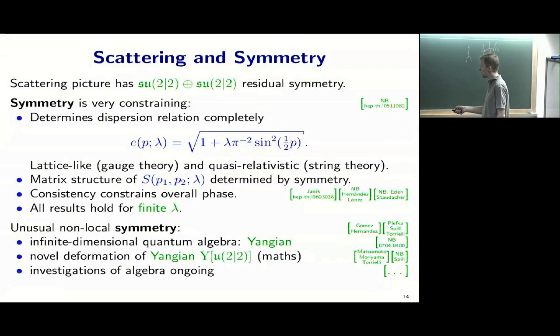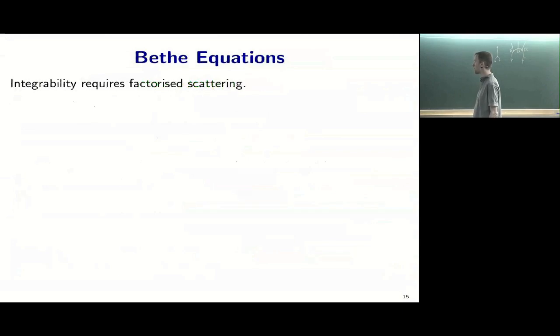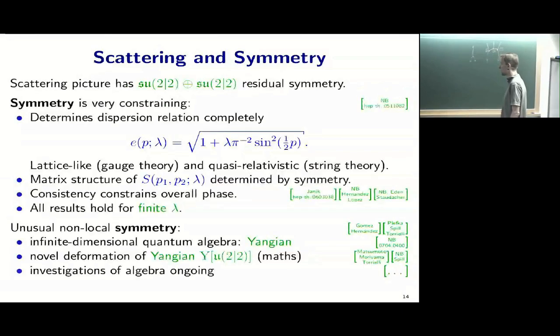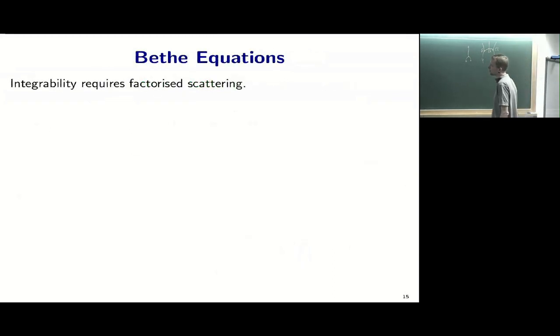In fact, it's not quite the usual Yangian, say for this algebra, it's not the Yangian of SU(2|2), but there are certain extensions that are relevant. And I don't think it's really well understood, and we're still continuing our investigations of this algebra and how to formulate it precisely. But that's just an aside for now. I will say more about Yangians later, so this will come up every now and then.